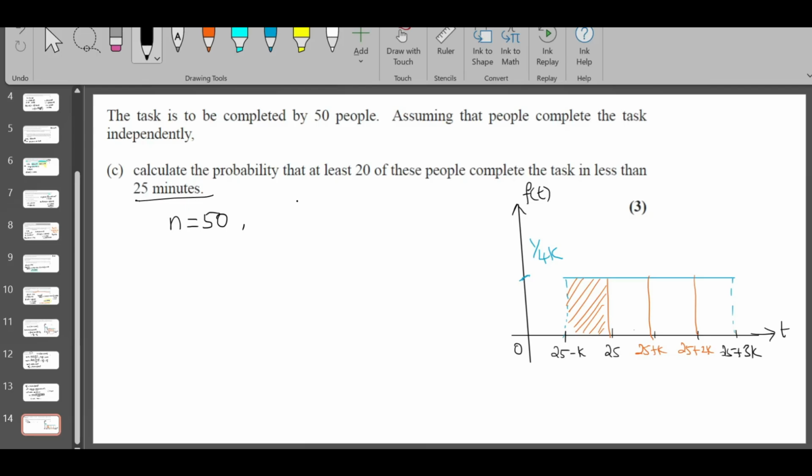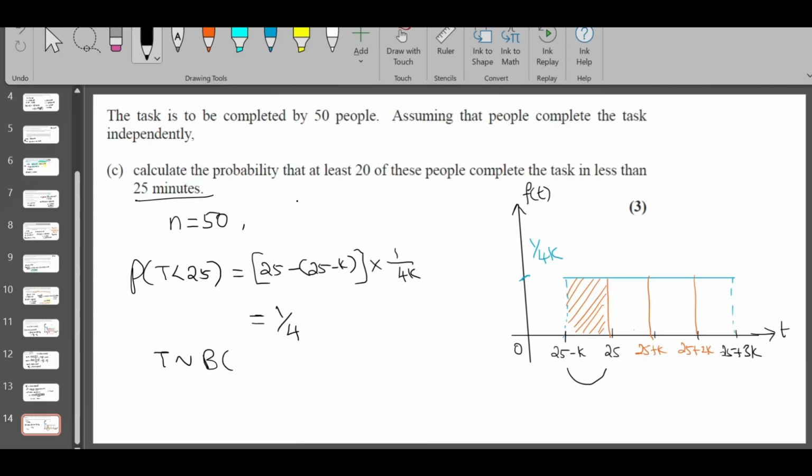That's just 1 over 4. You can straight away write it as 1 over 4, or write it this way: T less than 25 is 25 minus, k, that's the length of this, times the breadth 1 over 4k, which is k over 4k, which is 1 over 4. So it's a binomial distribution of 50 comma 1 over 4.